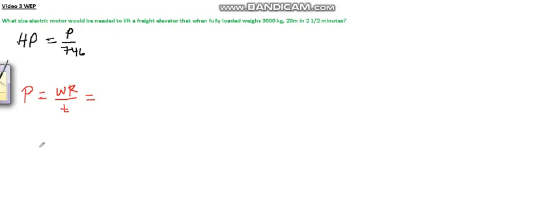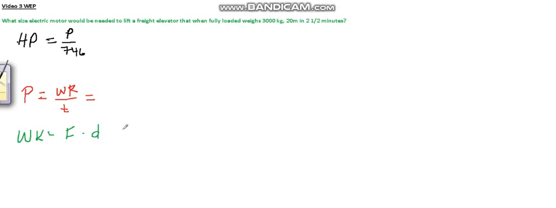The formula for work is force times distance. And do we know the distance? Yep, 20 meters is the distance, but we don't know force.